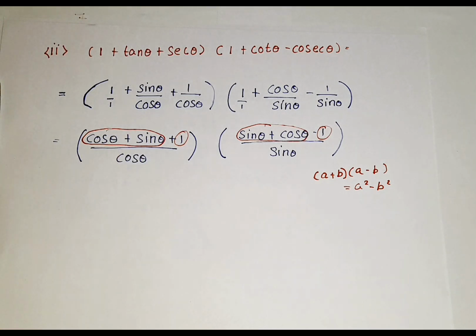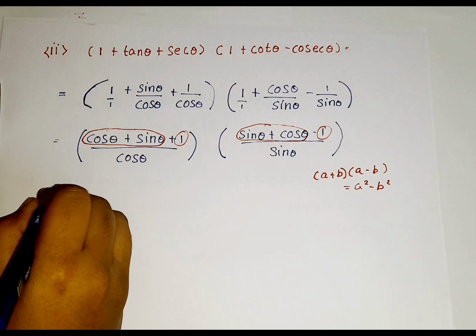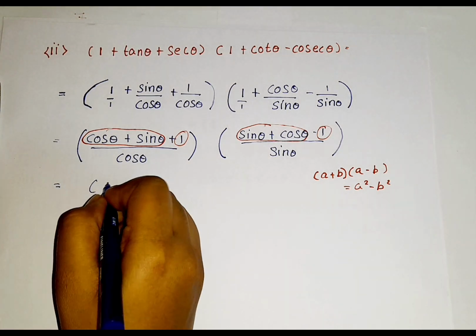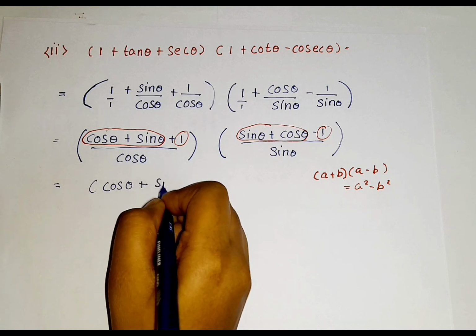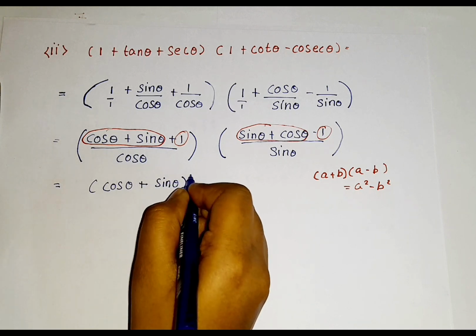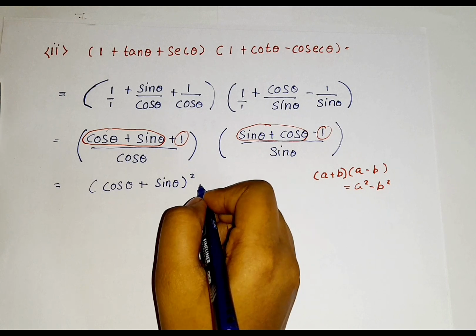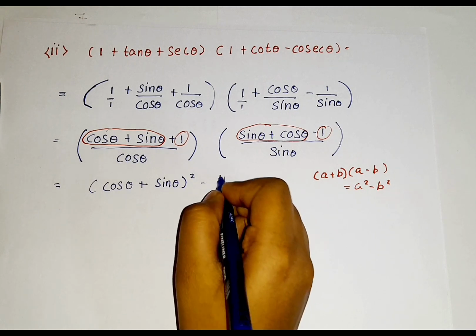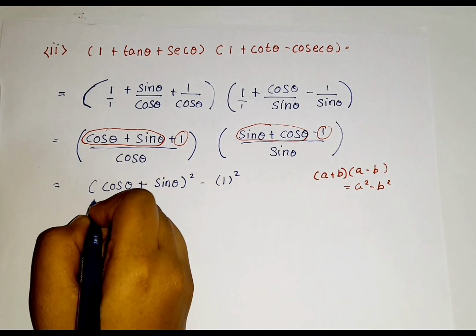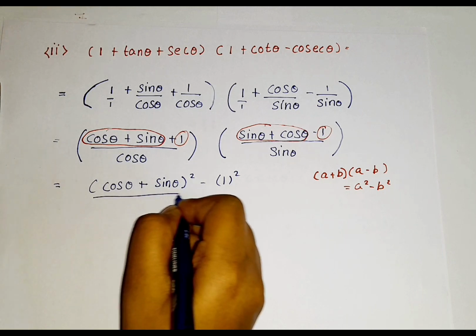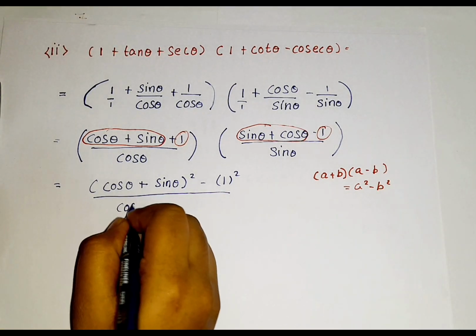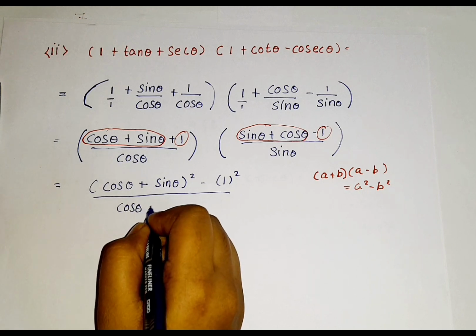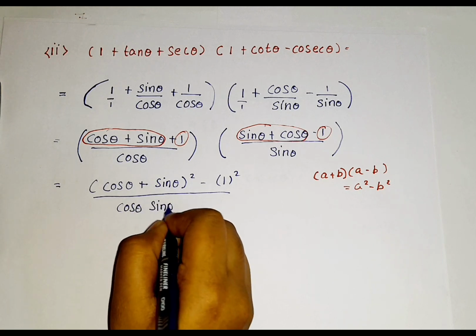Okay, so now when we just apply the formula, we'll get cos theta plus sin theta the whole square minus 1 the whole square, and then divided by cos theta sin theta.